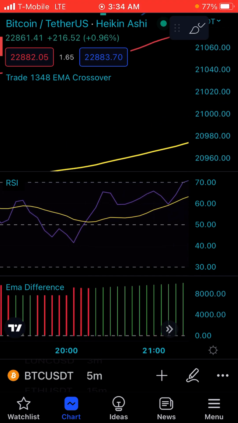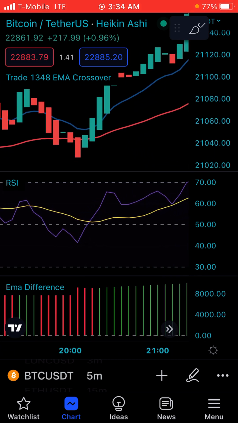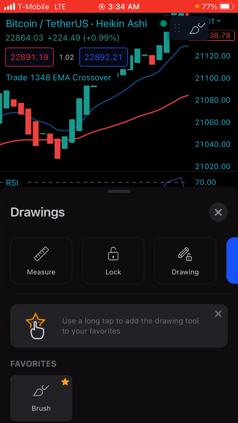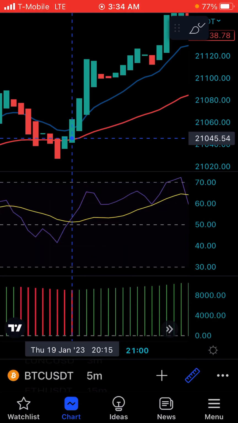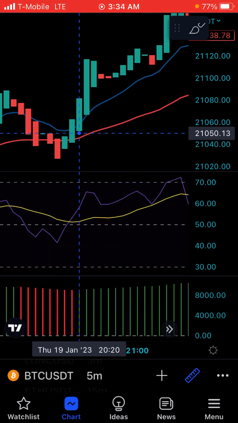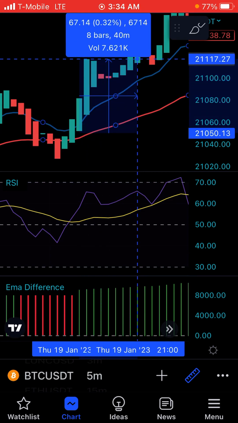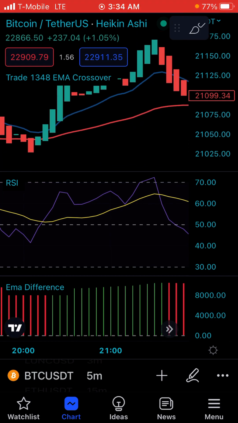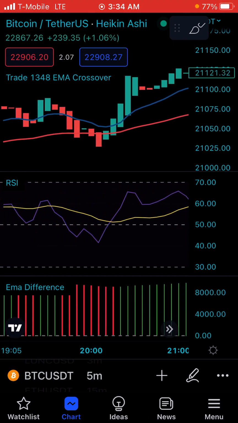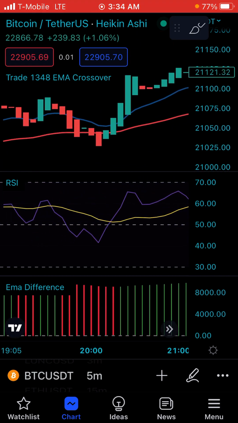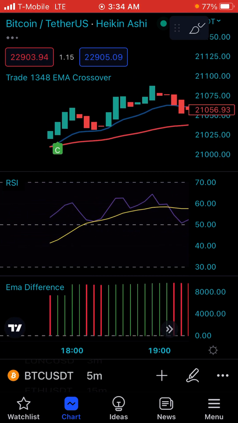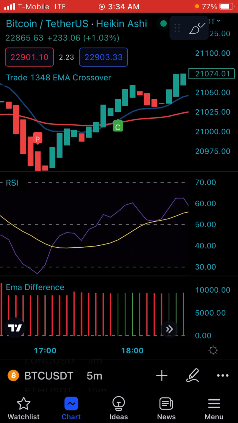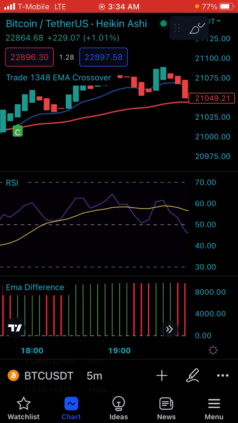And like this one right here. So we got a red and we got our green right here. And then you can just ride this out. It works well, but I say it works better with options trading, but you could still use this for day trading. Now, this is probably a small pump.